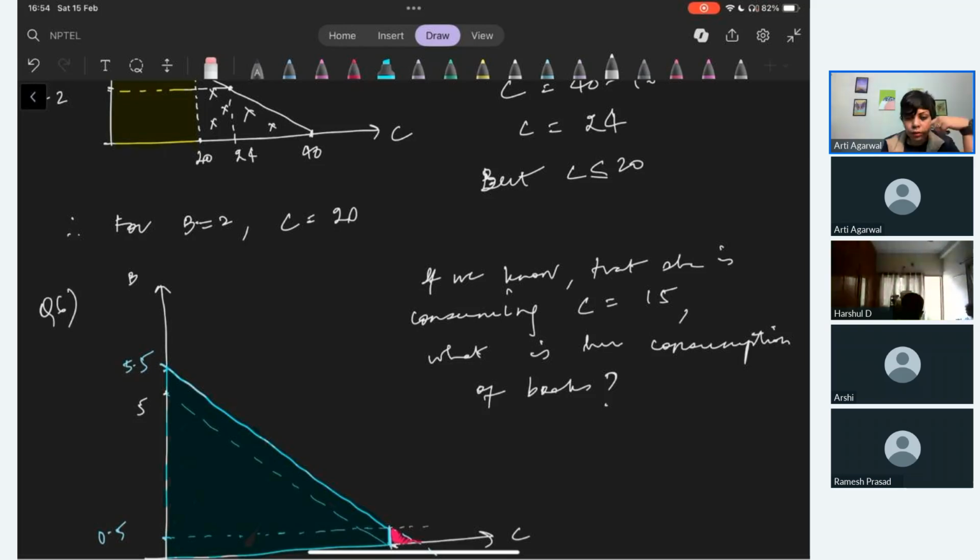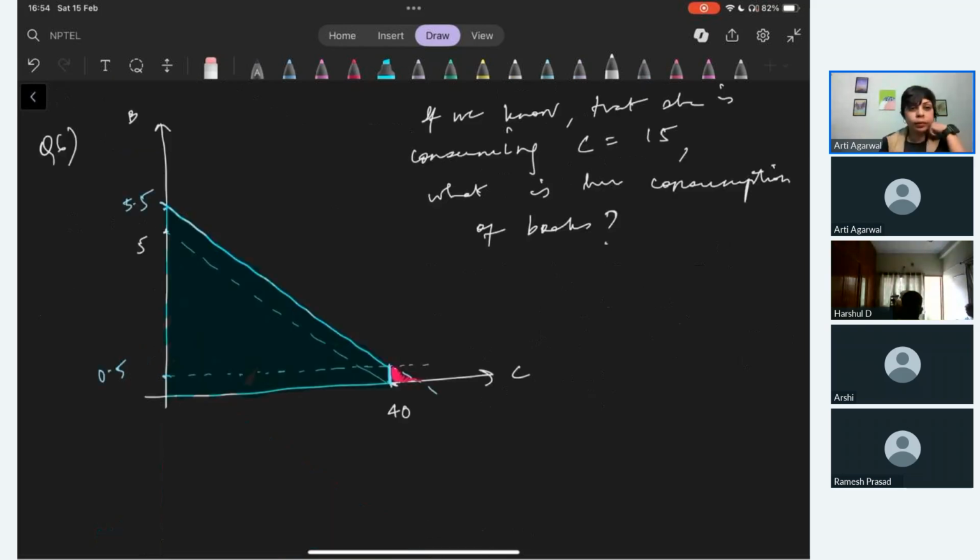Okay, so somebody has solved it. Anyone else wants to try before I solve it?